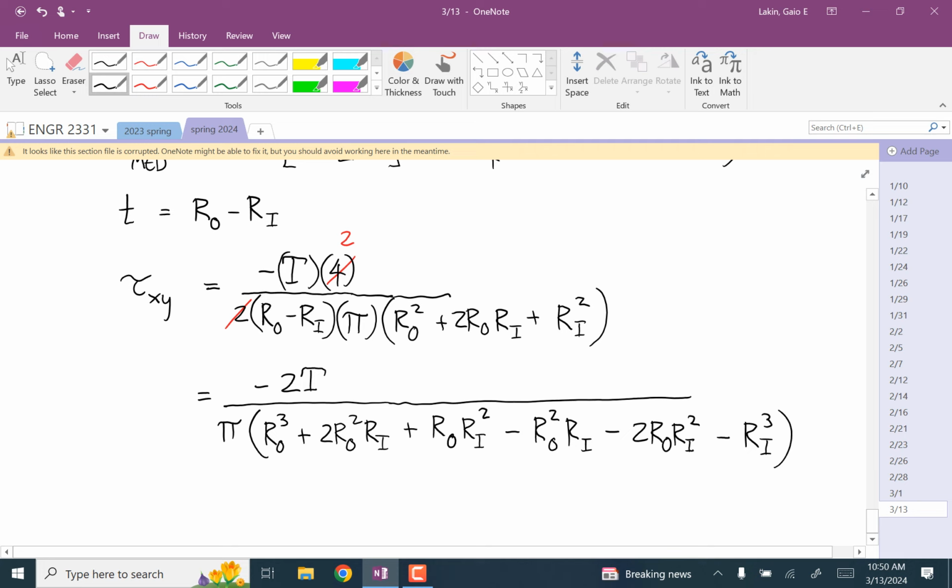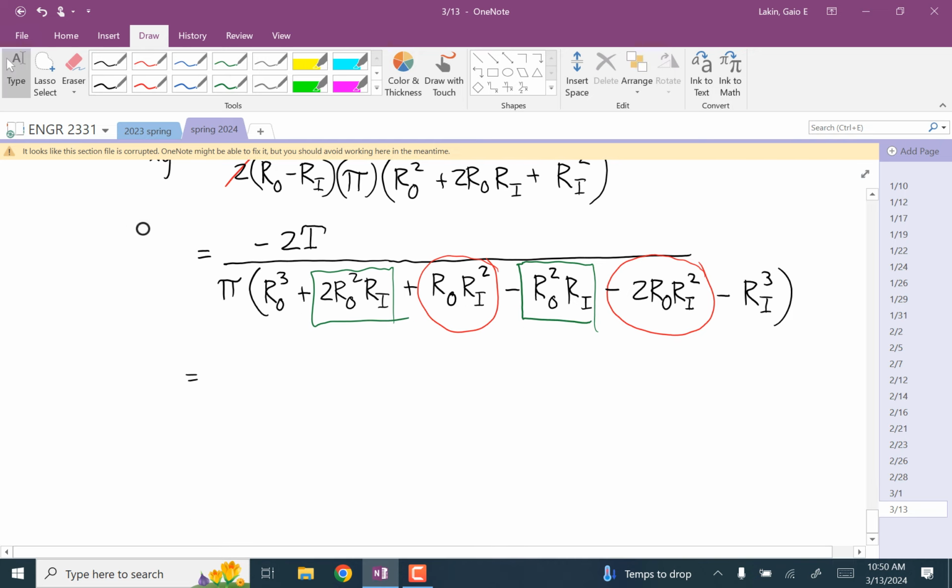And what can we group? This groups with this, and this groups with this.